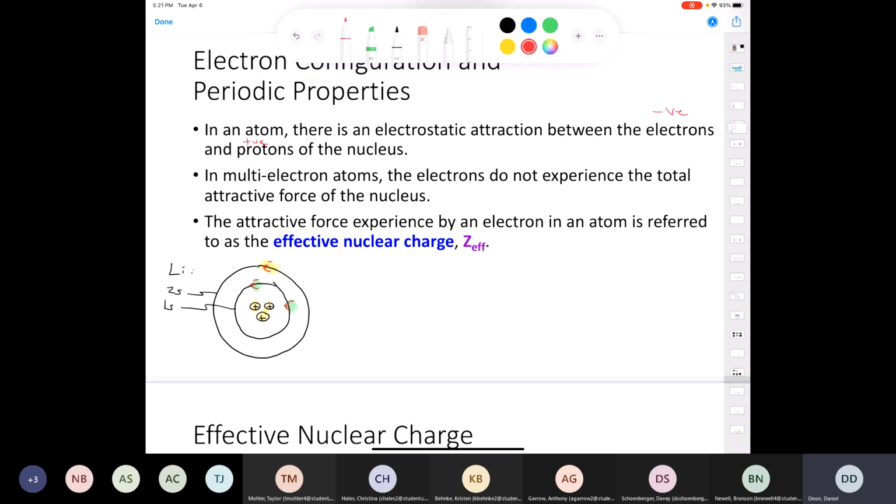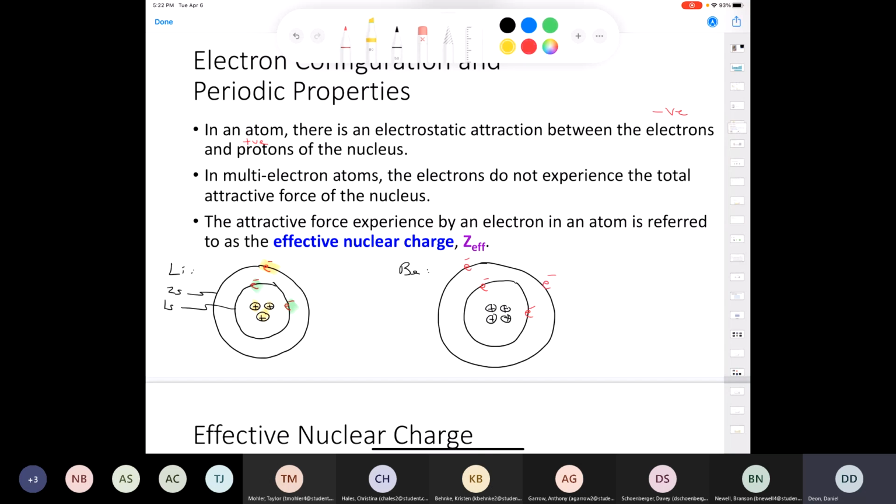But then what happens when I go over to beryllium? Well, if I draw the nucleus of a beryllium, the atom that comes after lithium, I've got 1, 2, 3, 4 protons in my nucleus. I still have the 1s orbital, and I still have the 2s orbital. Okay, now here's where it starts to really make sense. I've got 2 electrons in the 1s, but now I've got 2 electrons in the 2s.